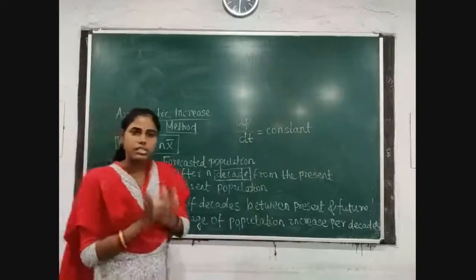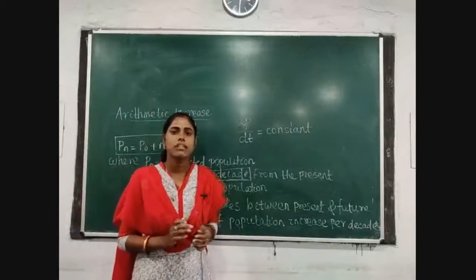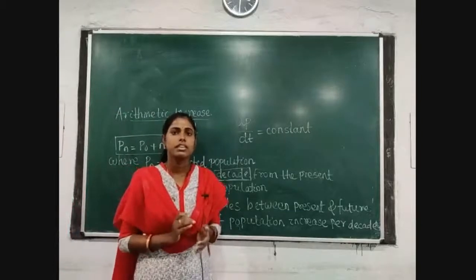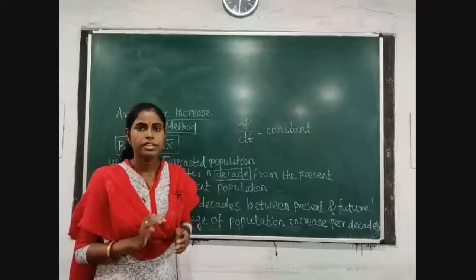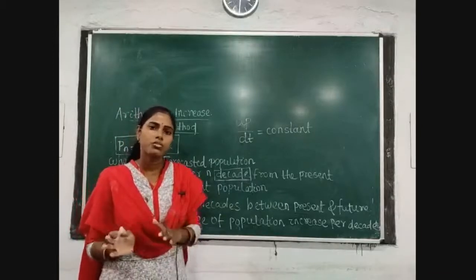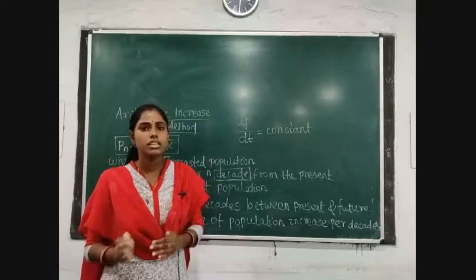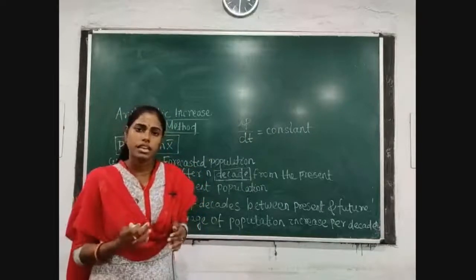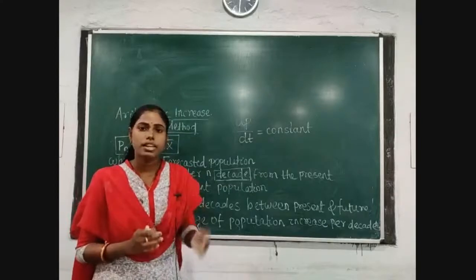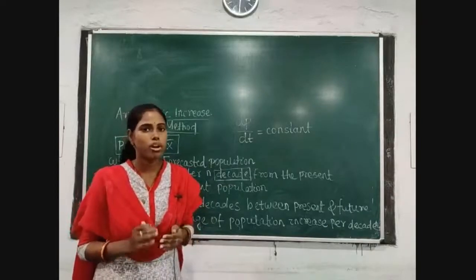In this method, first we have to collect past data of 4 to 5 decades. Then we find the increase in population in each decade. Then we find the average increase in population per decade.